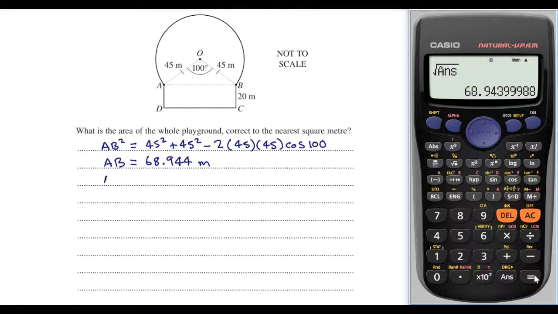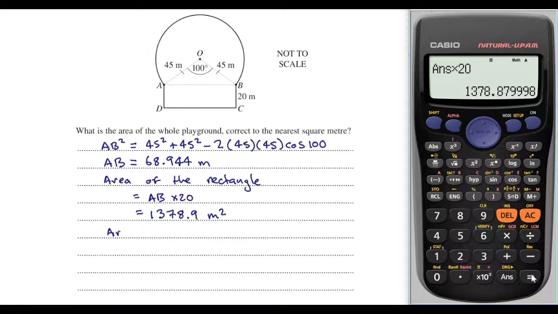The area of the rectangle is equal to AB multiplied by 20, which is equal to 1378.9 square metres.